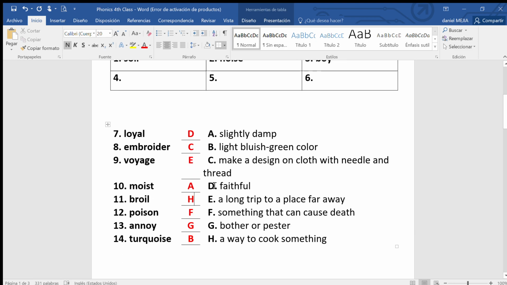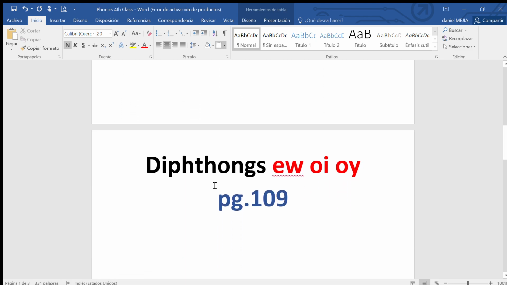Good. Moving on to page 109. We have the diphthongs EW, OI, and OY. The diphthong EW stands for the vowel sound you hear in new.